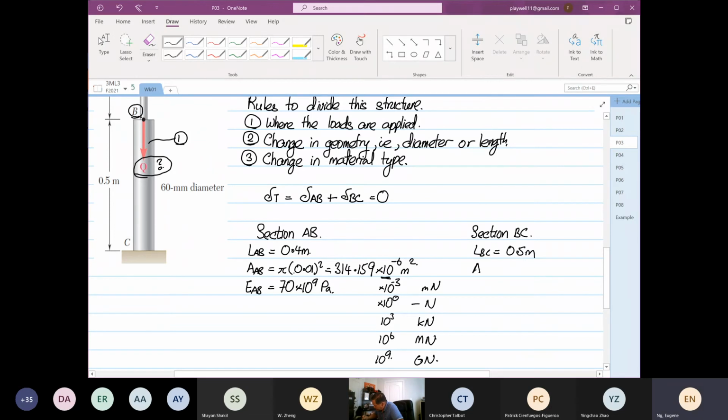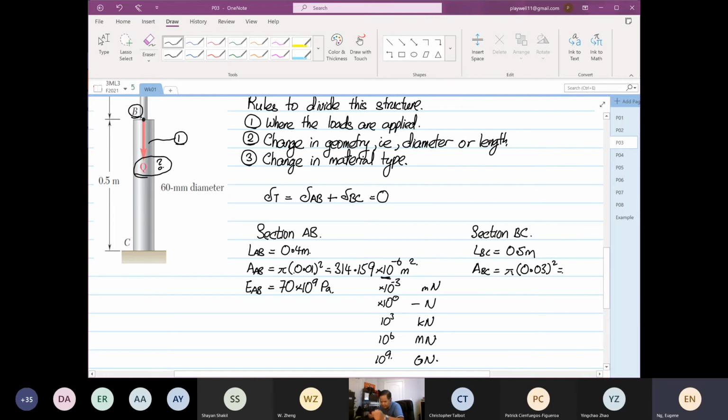We have our ABC. So this is equal to pi multiplied by 0.025. Is it 25? No, 0.03. 0.03 squared times 5.